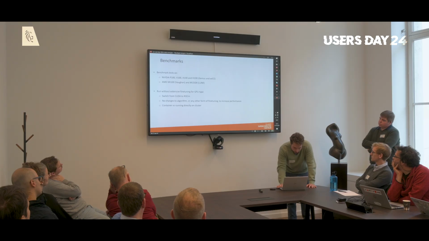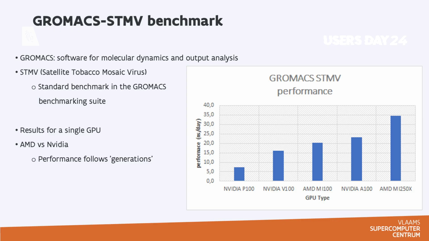So the results, first of all, we did a test with GROMACS. This is the GROMACS STMV benchmark. It's a standard benchmark that comes with the GROMACS software. We tested on single GPUs, so not a full node, but just a single GPU. And these are the results. So higher is better performance. In this case, we can see that it actually kind of follows the generations.